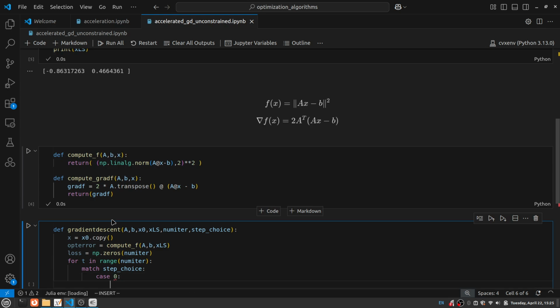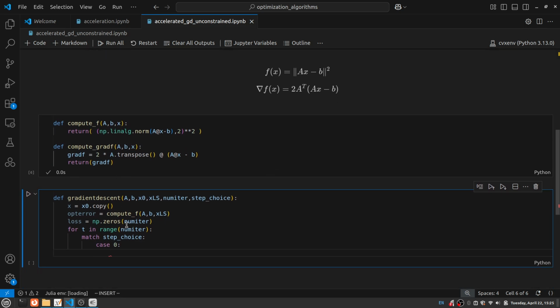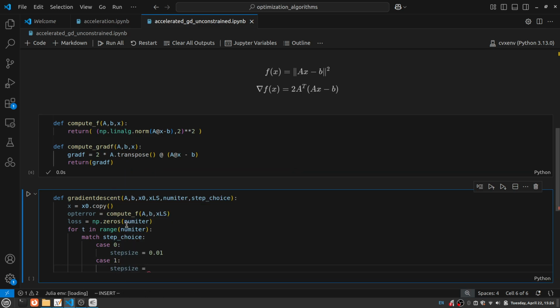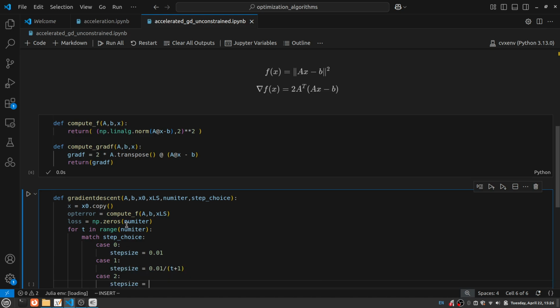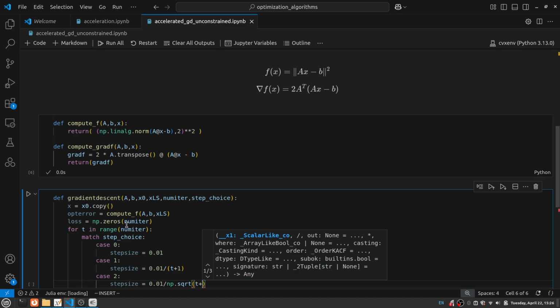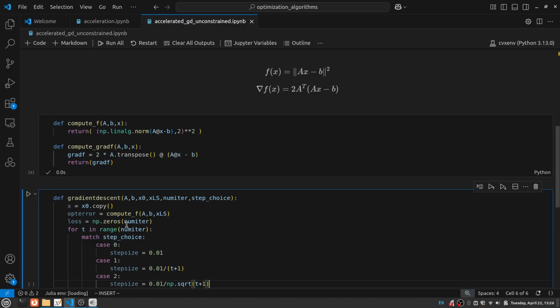So if my choice is 0, then I'll choose step size to be equal to, let's say, 0.01, or I'll choose this to be 0.01 divided by t plus 1, or square root of t plus 1. Okay, one of these three different step sizes.